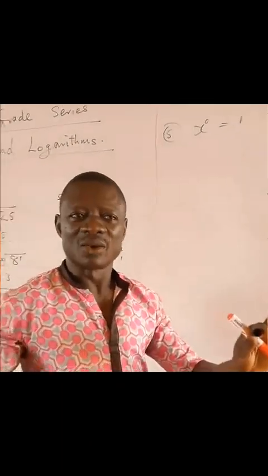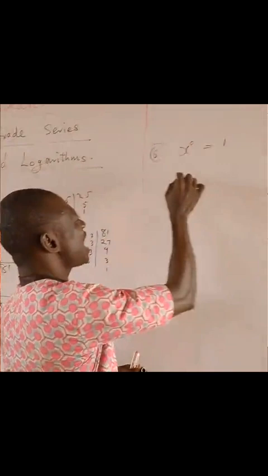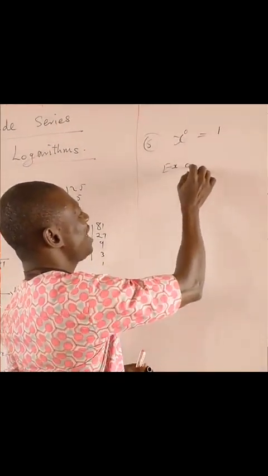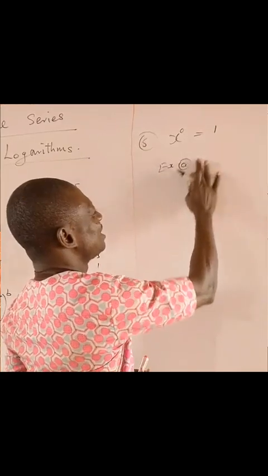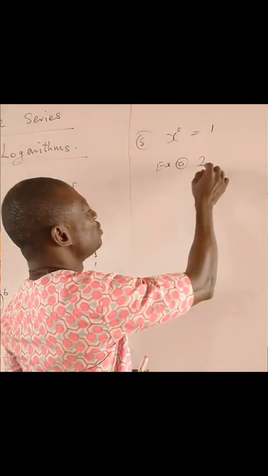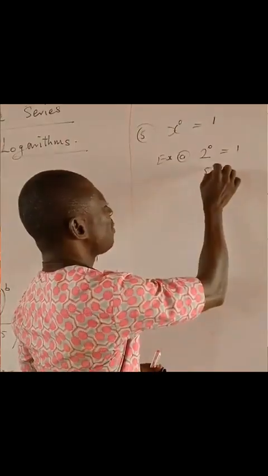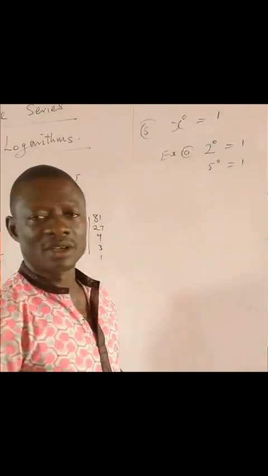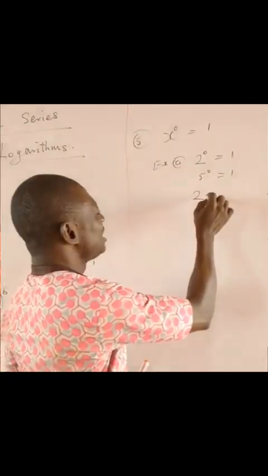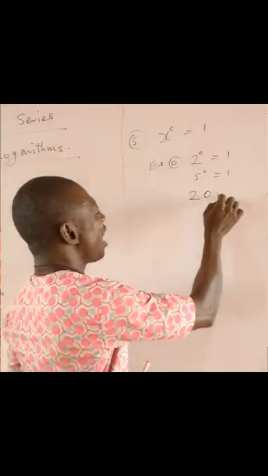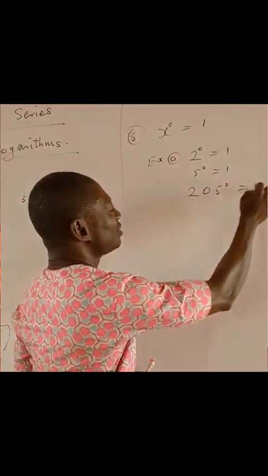What does it mean? It means that x raised to power 0 is 1, meaning 2 raised to power 0 is equal to 1. 5 raised to power 0 is equal to 1. 205 raised to power 0 is 1.